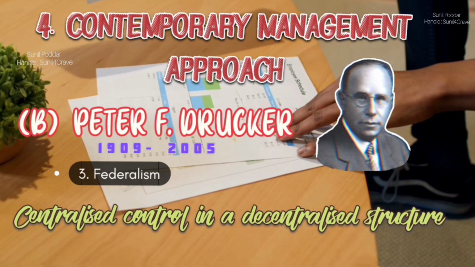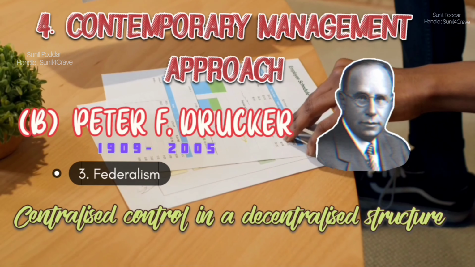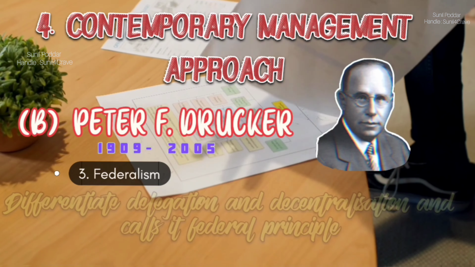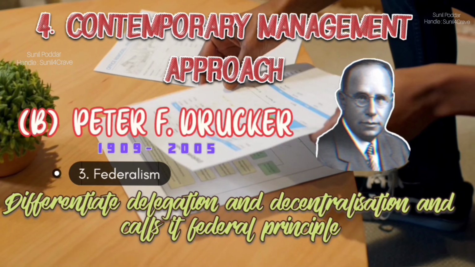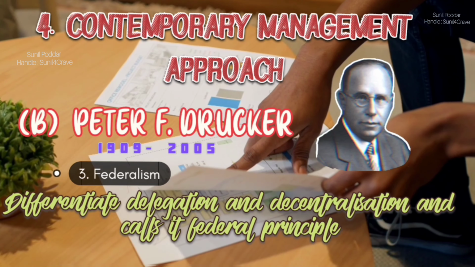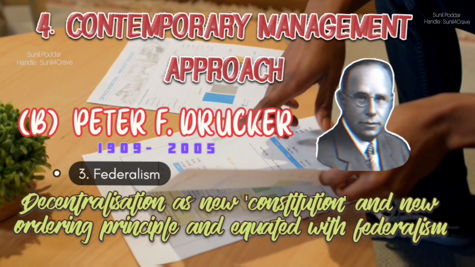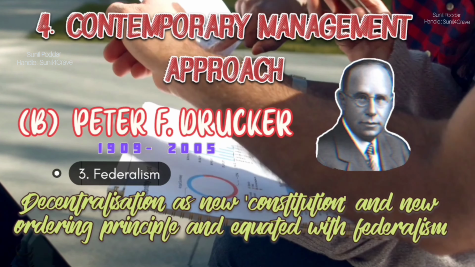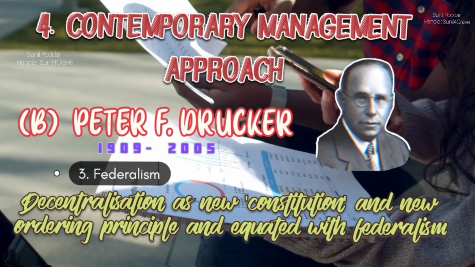Federalism. Drucker advocates the concept of federalism, the centralized control in a decentralized structure. He distinguishes between delegation and decentralization and calls it the federal principle. Drucker thinks that decentralization creates a new constitution and a new ordering principle and can be equated with federalism.